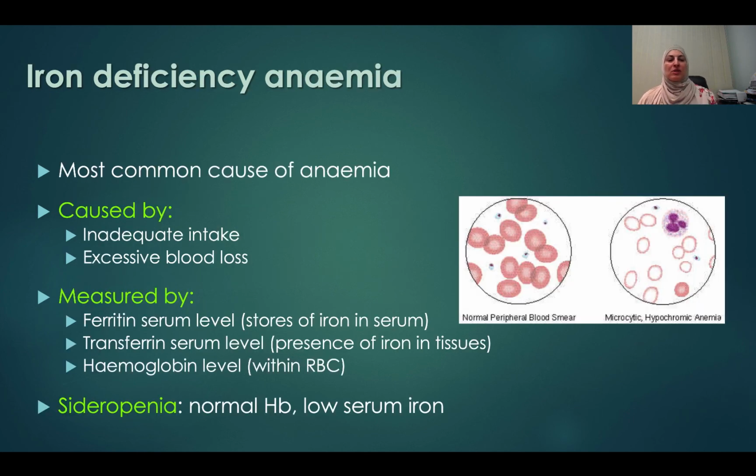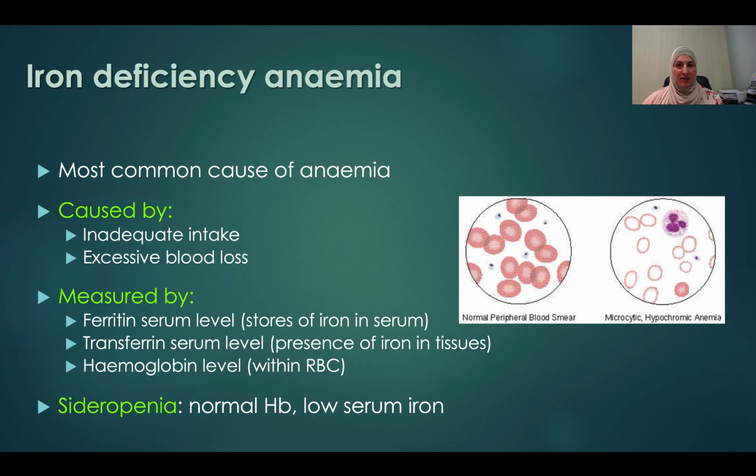Let's start with the most common type of anemia, which is iron deficiency anemia. It is either caused by poor intake, where the patient is not taking an adequate amount of iron, or cannot absorb the iron because of abnormality in the stomach, or because of excessive need for iron, like in the case of pregnancy, or sometimes excessive loss of iron.